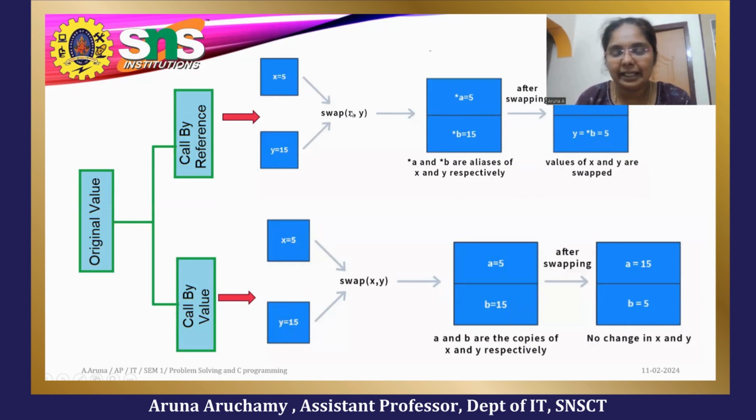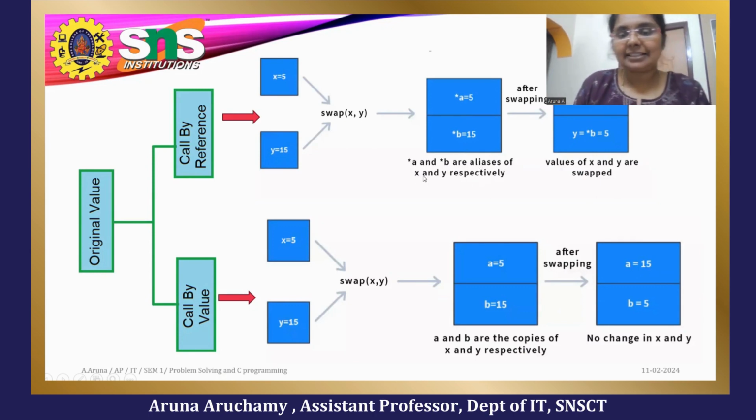The alias means I'm passing the address of x and y to the formal arguments. From the actual arguments, I'm passing the address. The ampersand operator is used to get the address of x and the address of y, which are passed to the swapping function. Through that, they are received over here as aliases.